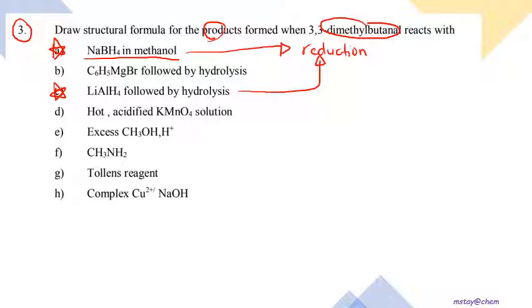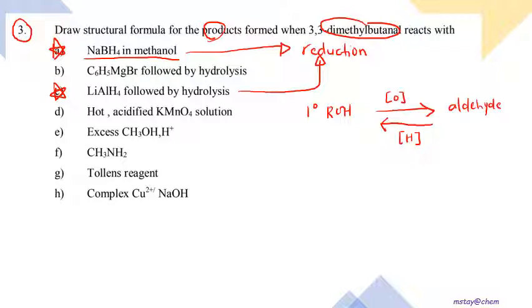As we know, primary alcohol when undergoing oxidation will produce aldehyde. So when aldehyde undergoes the opposite, which is reduction, it will form back the primary alcohol.